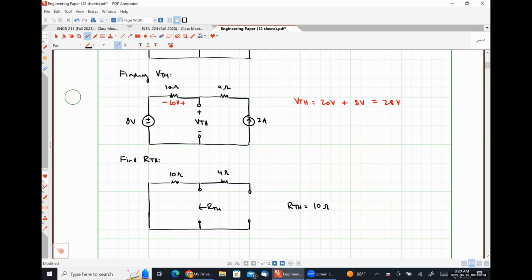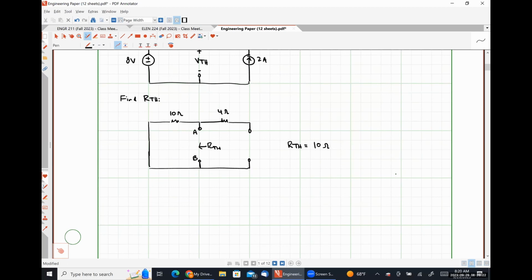So the 4 ohm resistor is effectively just dangling, right? So if we called this terminal A and this terminal B, and we tried to find the equivalent resistance between terminals A and B, so here's A and here's B, right? Between A and B, we would have a 10 ohm resistor.